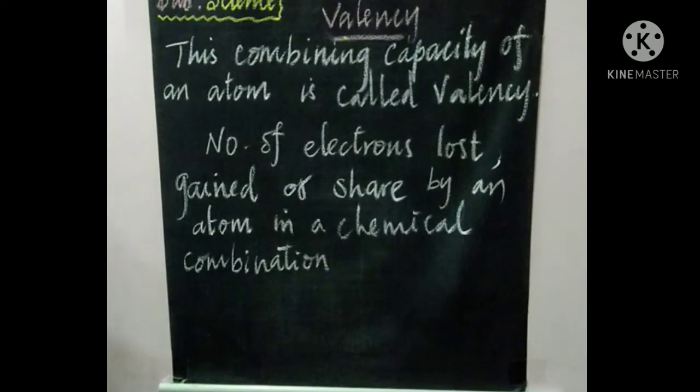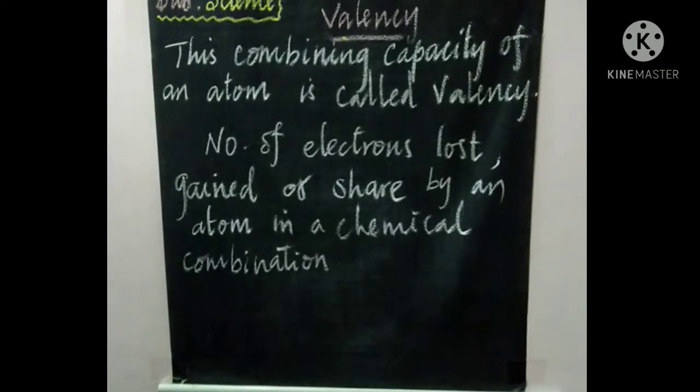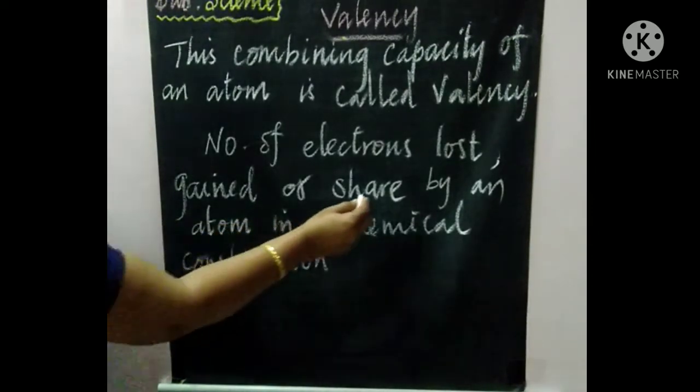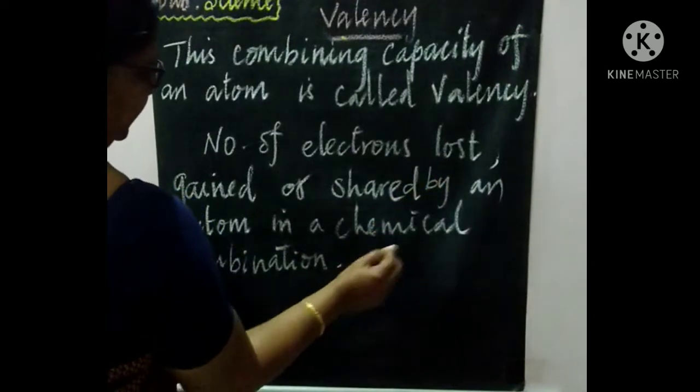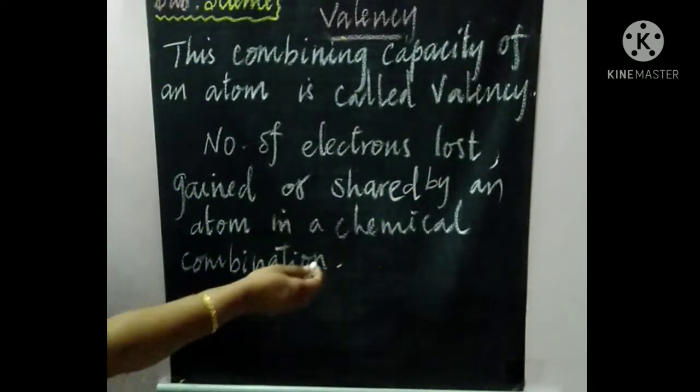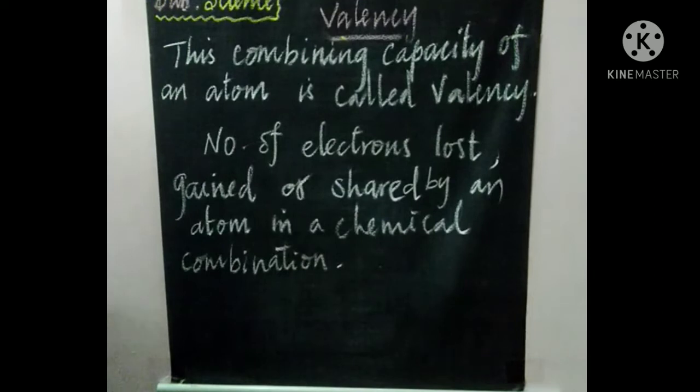It makes the atoms chemically inert. So the number of electrons lost, gained or shared by an atom in a chemical combination to make the atom inert is known as valency.